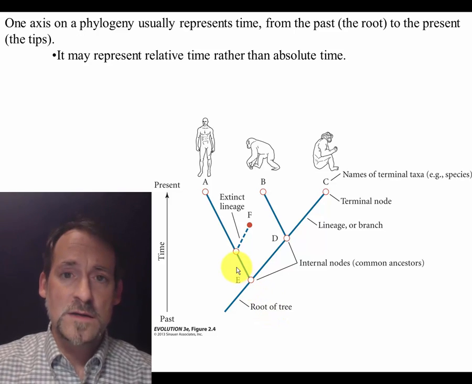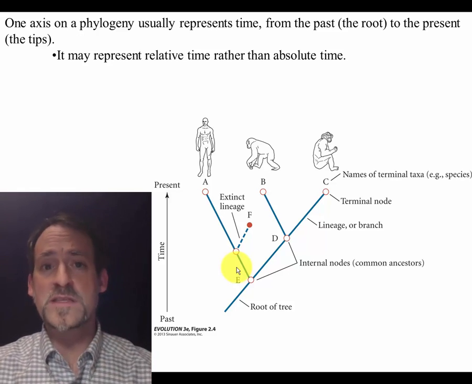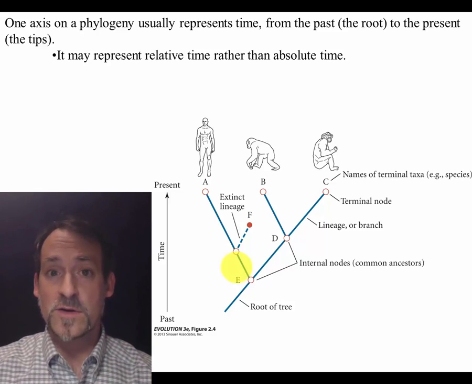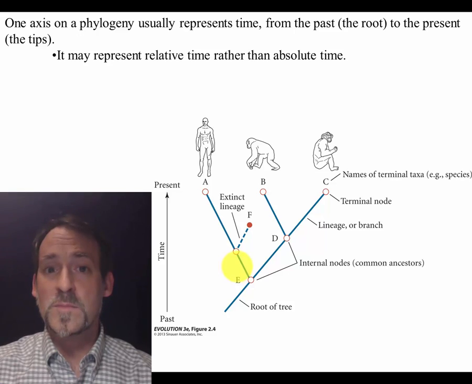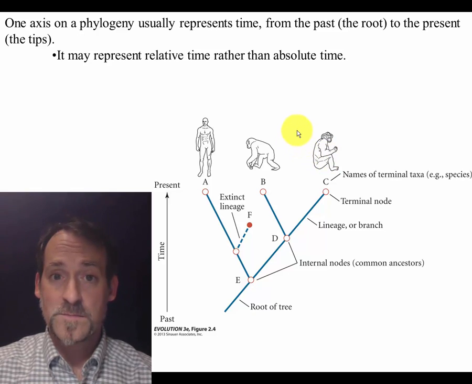One important piece about a phylogeny, and you might have picked this up from the video that you just saw, the video I didn't make, is that the order in which these species are listed at the tips of a tree does not necessarily matter.